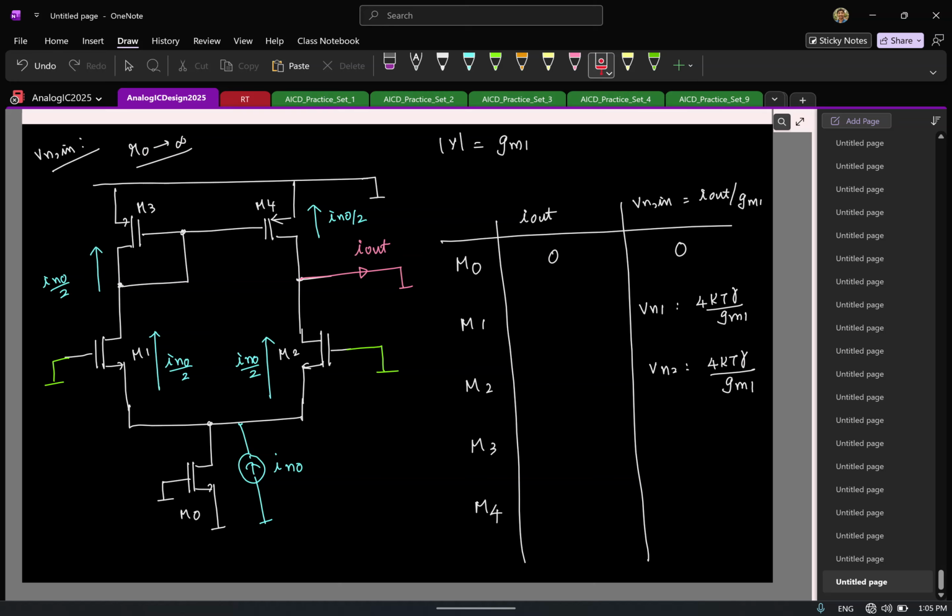Again, it should not be surprising, because remember that if this is an open circuit, what can you say about the common mode gain of the circuit? If this is open circuited, if I apply any common mode excitation, what will happen? 0, infinity? 0, why 0?